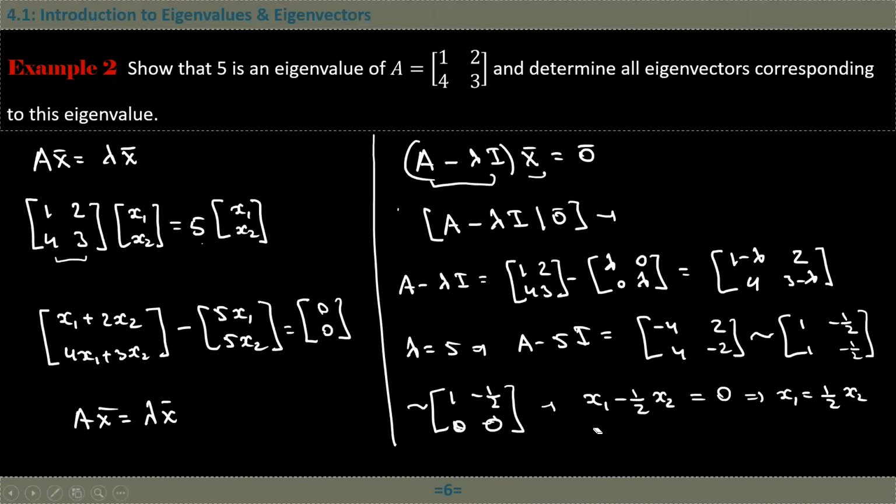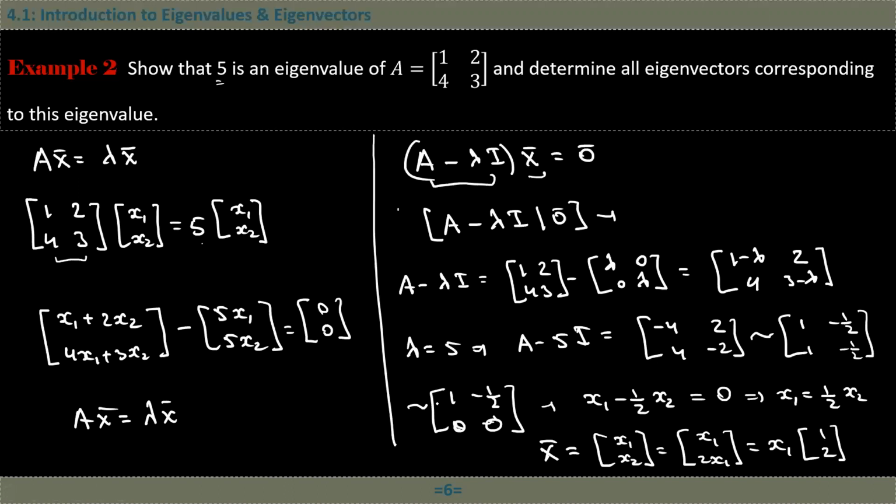Let me just write it this way. The eigenvector corresponding to this eigenvalue is x1, x2. And from here, x2 equals 2 times x1. So here we have x1, and x2 equals 2 times x1, which is equal to x1 times the vector 1, 2.